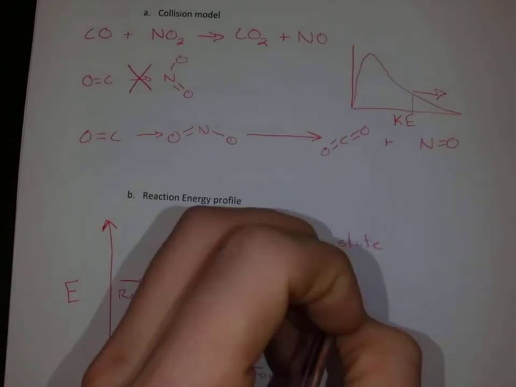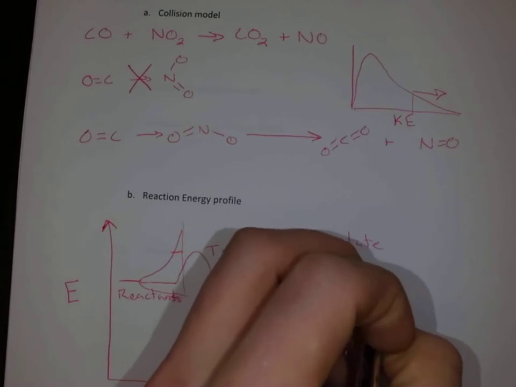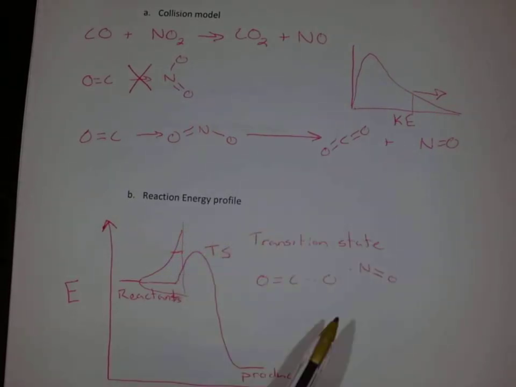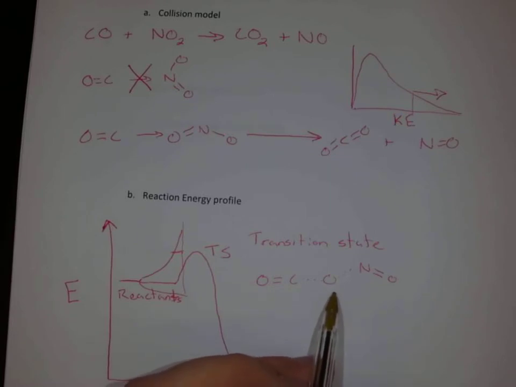It's close enough, and it's kind of breaking that bond with the nitrogen, okay? So we've started to form this bond between carbon and oxygen, and we've started to lose the bond between oxygen and nitrogen, okay?